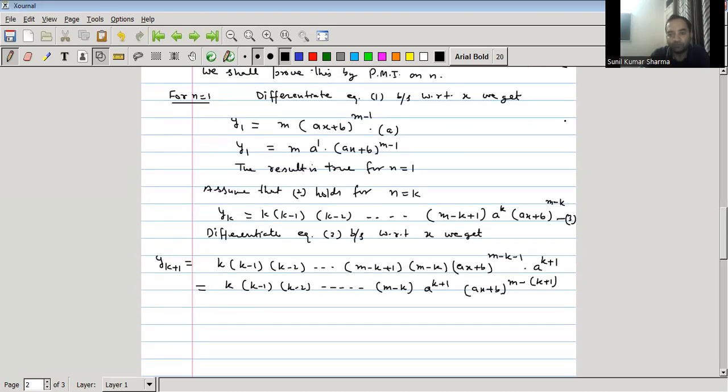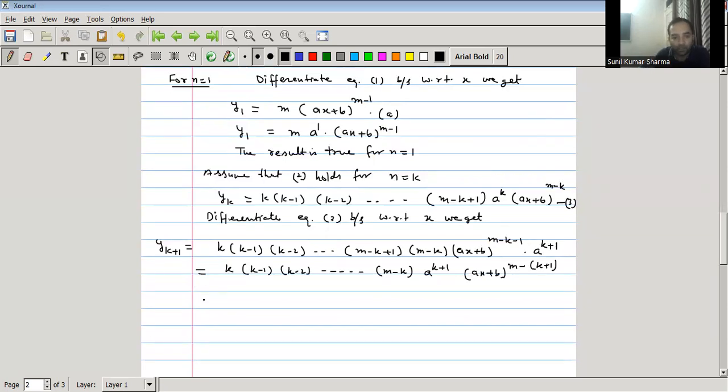So here we can write this as k into k minus 1, k minus 2 up to m minus k, sorry, not minus 1, here we write k plus 1, minus and this plus 1.